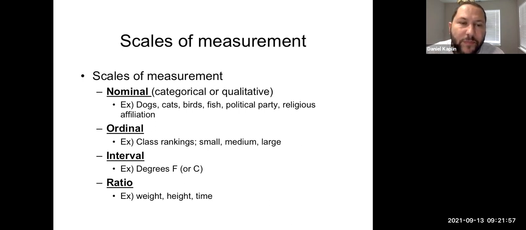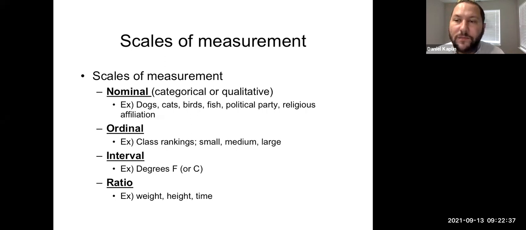I used to give this example when Michael Phelps was swimming, especially in Beijing. He would be like 3-4 full body lengths ahead of the silver medalist. And then the silver medalist to the bronze medalist would be a fraction of a second. So we're talking several seconds versus a fraction of a second, not equal units of measure. So ordinal data's biggest criticism is that while we can put you into rank order, it does not have equal units of measure.